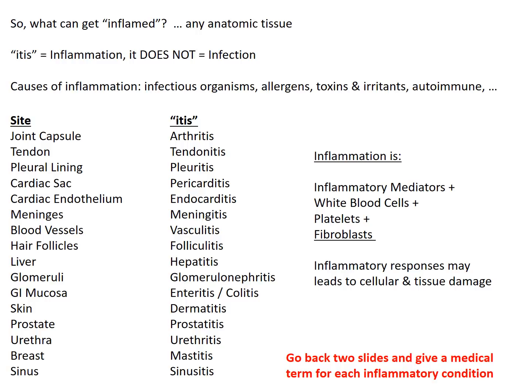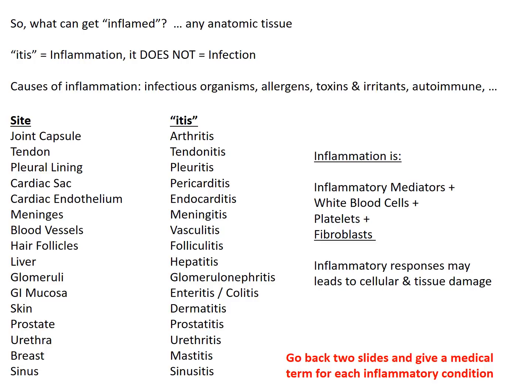You know that allergens can cause inflammation. You know that toxins and irritants can cause irritation, right? Take a can of Coppertone SPF 50 sunblock spray and accidentally spray that into your eyes, right? Your eyes are going to get red and inflamed. You're going to have conjunctivitis, but that's not infectious, right?